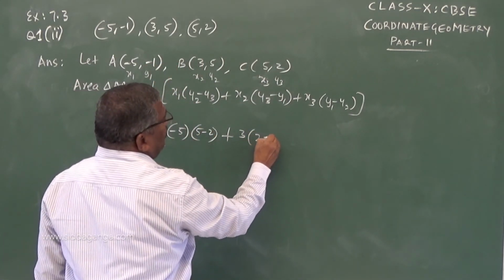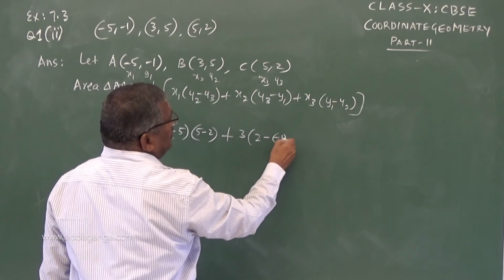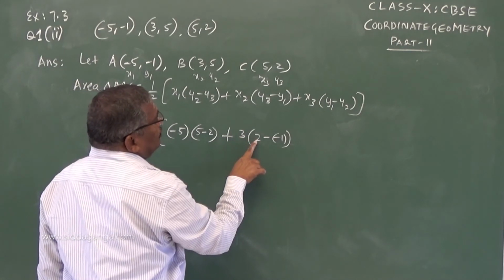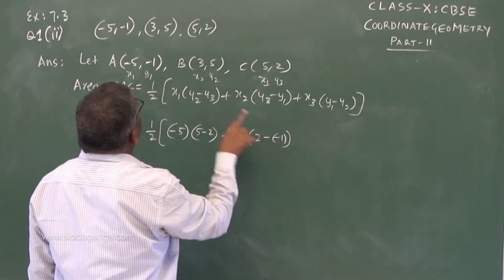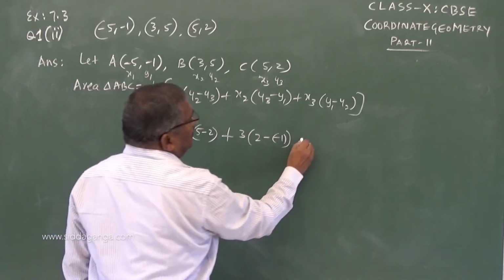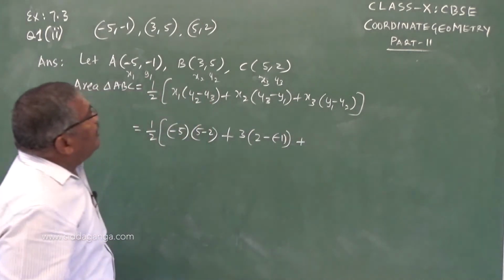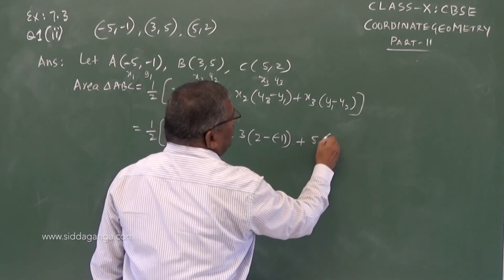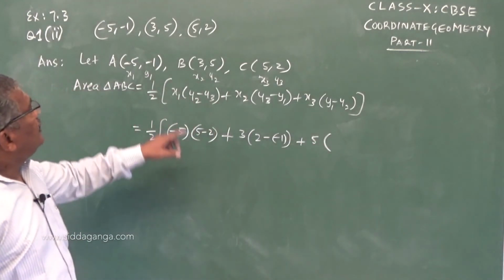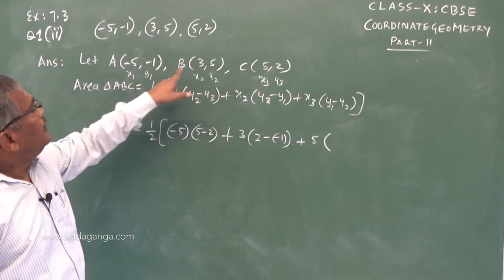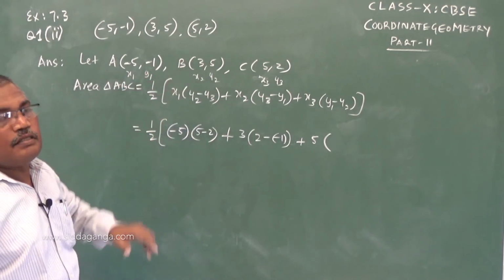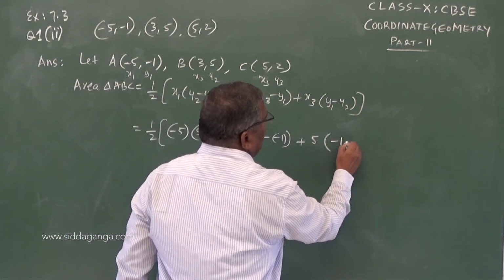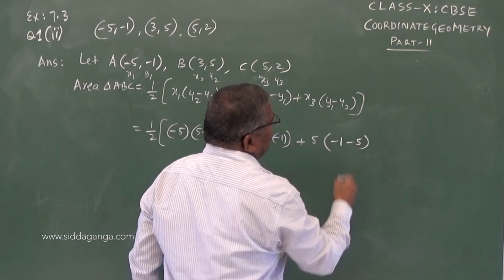Close the bracket. Plus x3 is 5 into y1 minus y2. You see here y1 minus y2, that is minus 1 minus 5. Minus 1 minus of plus 5, that is minus 6.